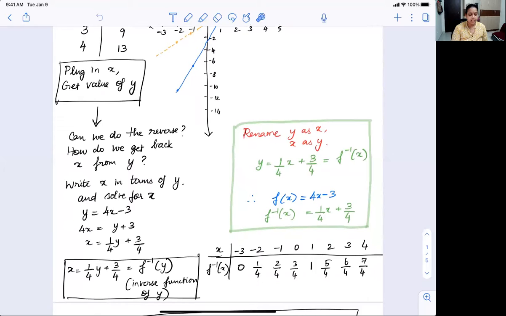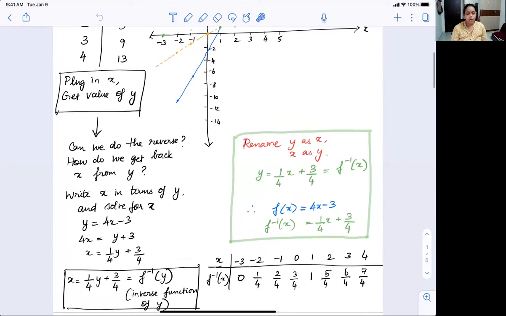Now I solve this for x in terms of y, and I find that x is 1 by 4y plus 3 by 4. I call that the f inverse of y, or the inverse function of y, because I'm going back from y to x.